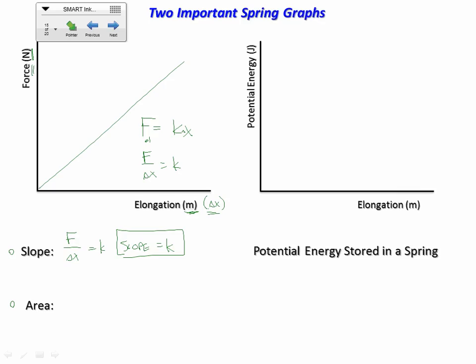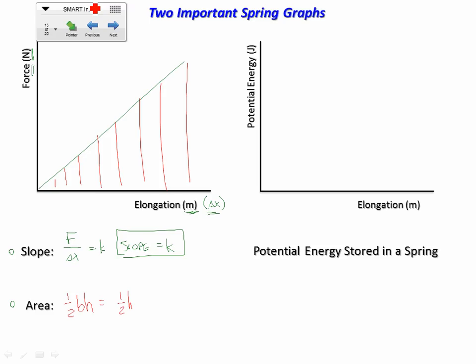Now the area, and again, what we always mean by area is the area between the x-axis and the curve, in this case a straight line. This area, we would do as 1/2 base times height. Well, I'm going to do it like this, 1/2 height times base.